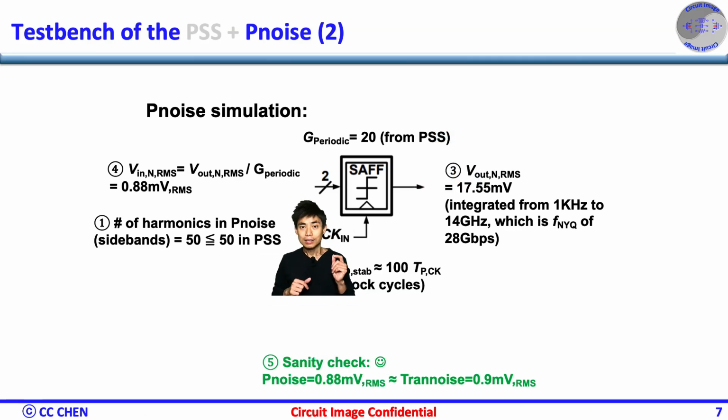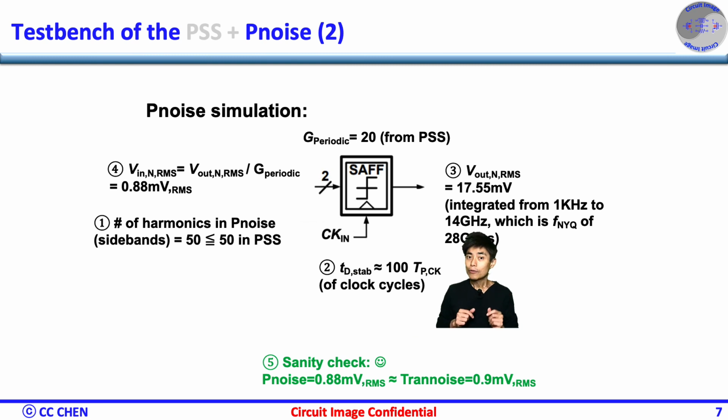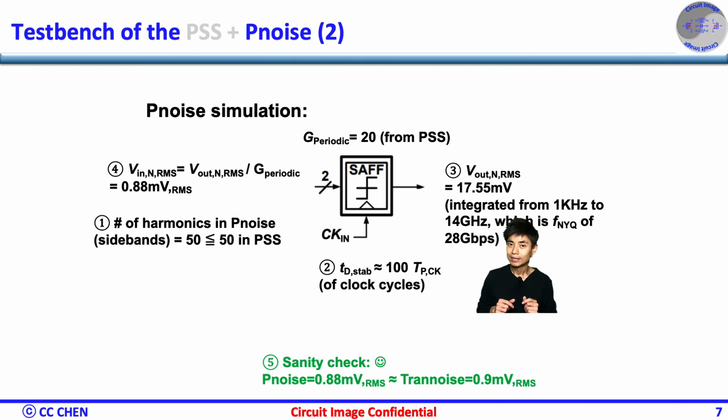To start the Pnoise analysis, you must set the number of harmonics fitted in our example as well, which should be less than or equal to your PSS setting. Also, you need to specify the delay time of starting the analysis, and the rule of thumb is around 100 clock cycles to help the analysis converge.